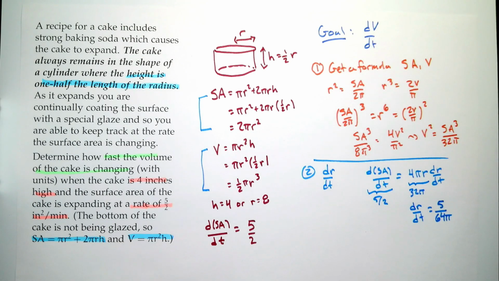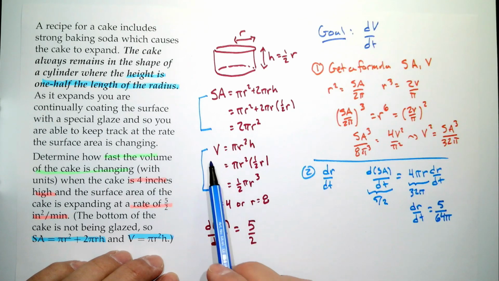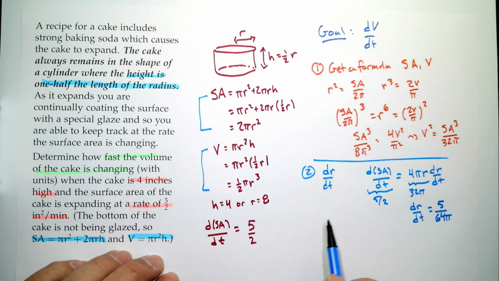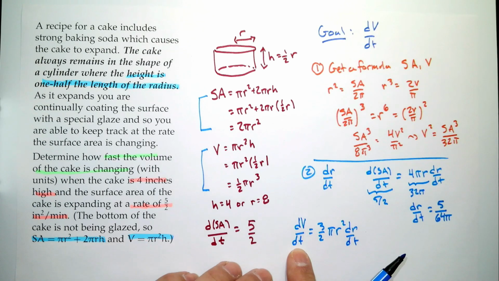Now that we know dr dt, come into our next relationship for volume. Take the derivative of both sides. Derivative of volume with respect to time equals, what's the derivative of 1/2 pi r cubed with respect to time? 3/2 pi r squared and dr dt. Now, we are looking for dv dt.